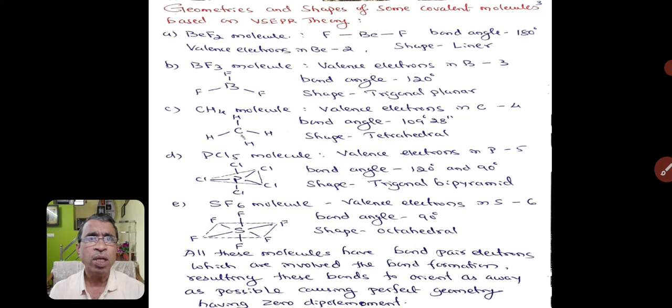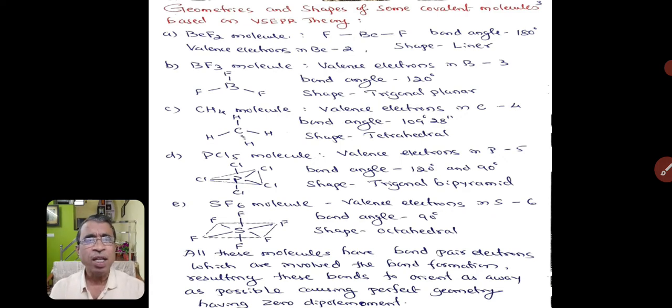The methane molecule is another, where the central atom is carbon, surrounded by four hydrogen atoms, leading to a tetrahedral shape with a bond angle of 109 degrees 28 minutes, and all these bonds are formed by bond pair electrons.